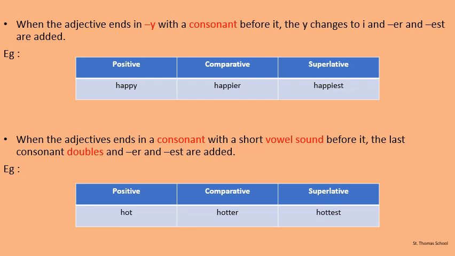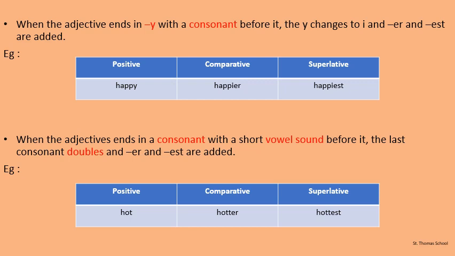At that time we double the consonant and then add ER and EST for the comparative and superlative degrees.